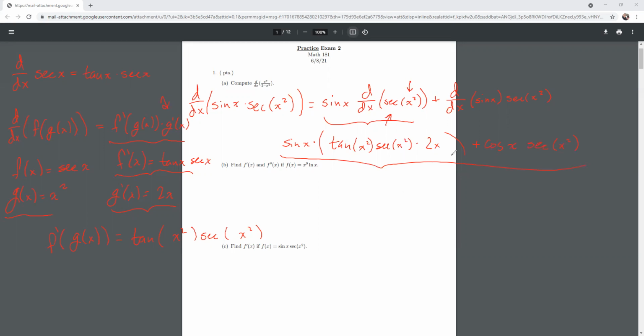You can try to clean it up a little bit, but there's not much that can be done. You could, for instance, get rid of the parentheses and move this 2x up front. I think that's a little prettier, but other than that, there's not much else that can be done. And there we are.